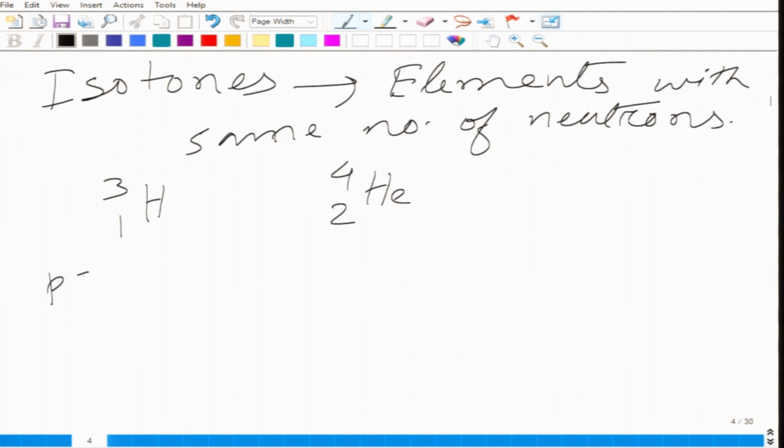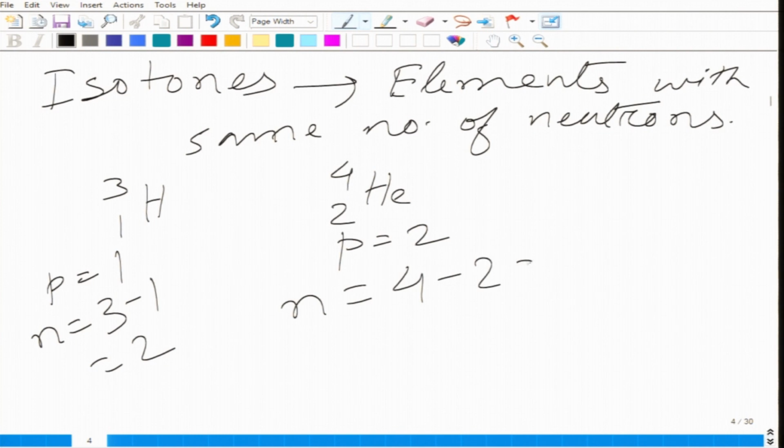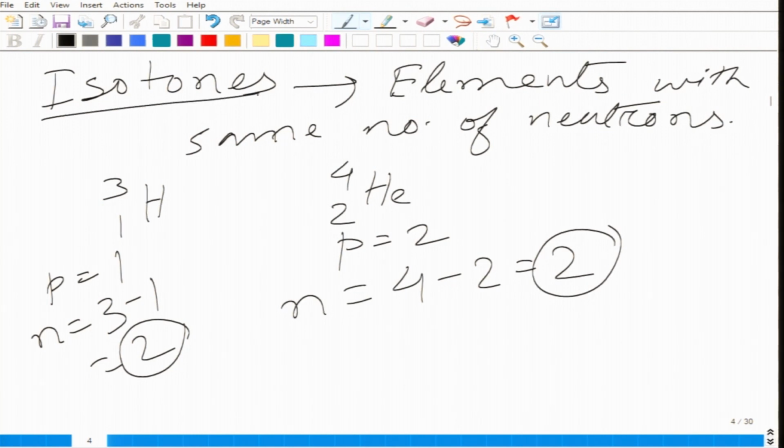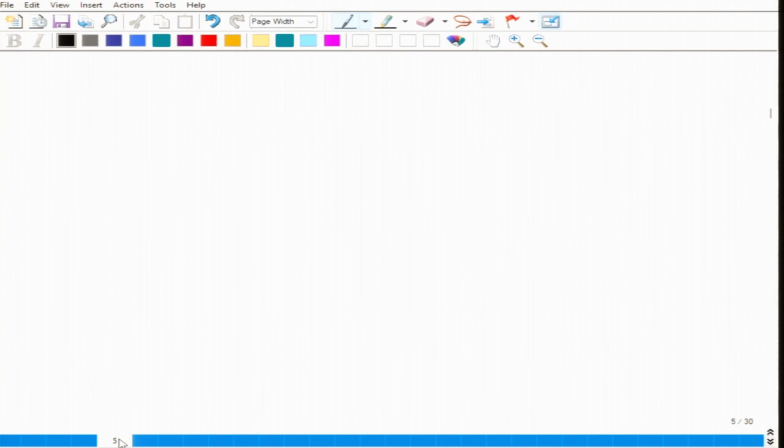So, proton is 1 and neutron will be 3 minus 1, that is 2. And for helium, proton is 2, so neutron will be 4 minus 2, that is 2. So, for both of them, the number of neutrons is 2. So, they are isotones. So, the next one was isoelectronic species.